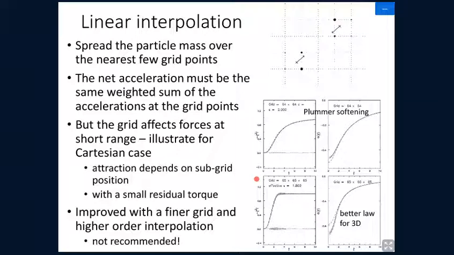So the figure that I'm showing here illustrates in 2 dimensions, if you have a softening length which is as large as 2 grid cells, and you use a Plummer softening law, then you find that the acceleration, this is distance squared times acceleration, so it should asymptote to 1 at large distances and go to 0 at small distances, as it does.